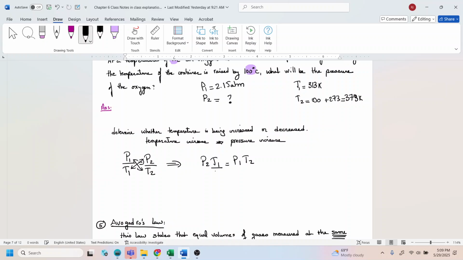Then I divide by T1 on both sides and get P2. Now substitute all of these values. This is 373 Kelvin divided by 313 K. K and K cancel out, and your unit is going to remain in atmosphere.